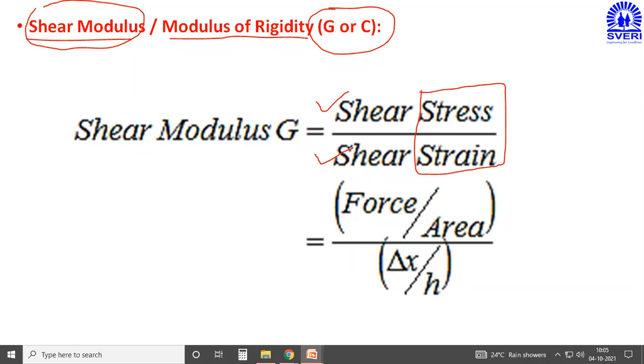So in the torsion chapter, we are not using Young's modulus or bulk modulus K as a constant parameter in the calculation. In each and every problem in the torsion chapter, we are using the shear modulus or modulus of rigidity as the elastic constant for further calculation.